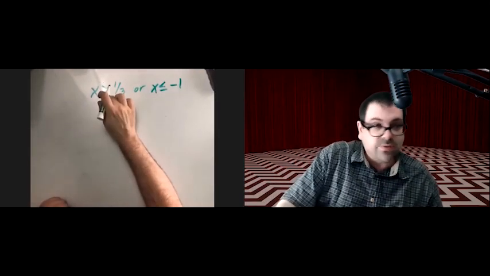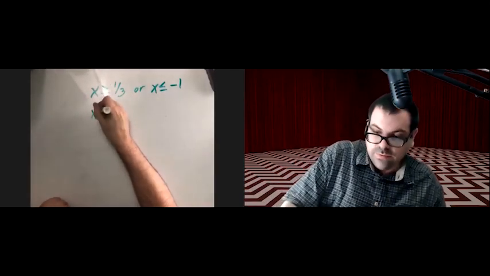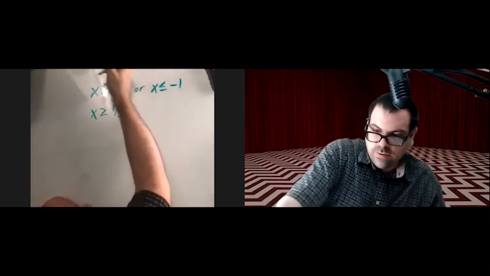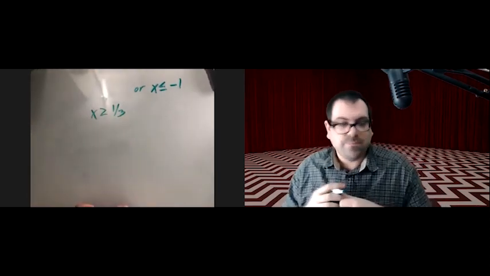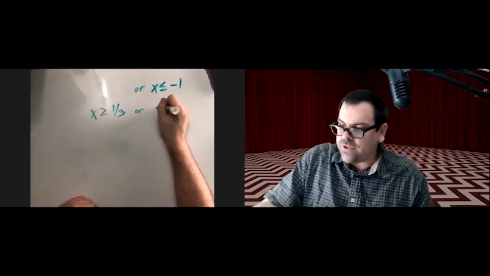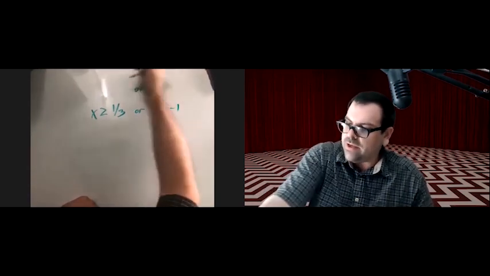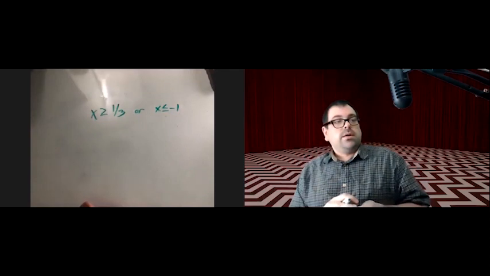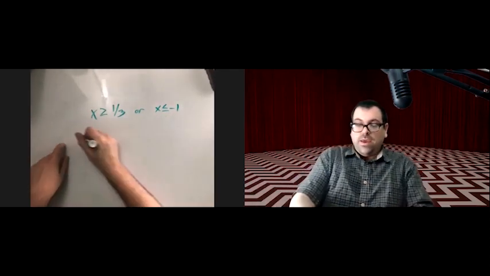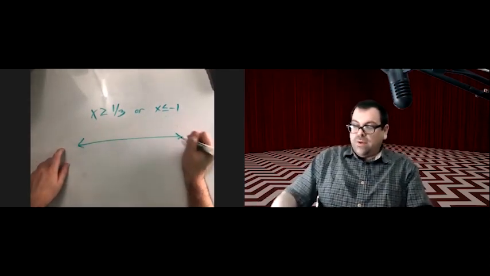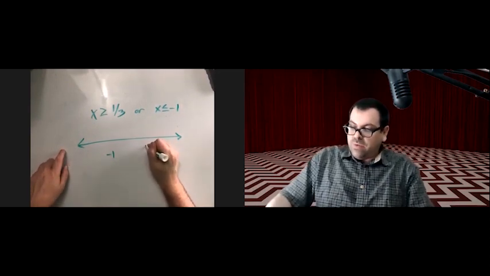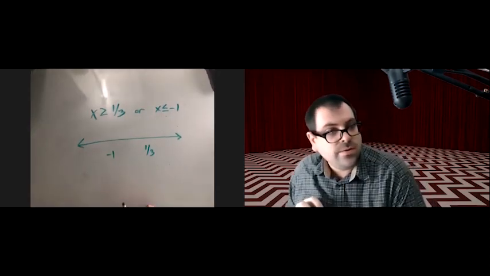On a number line, that's a greater than or equal to. Just moving it down out of the light spot. On a number line, we would have negative 1, and then we would have positive 1/3.